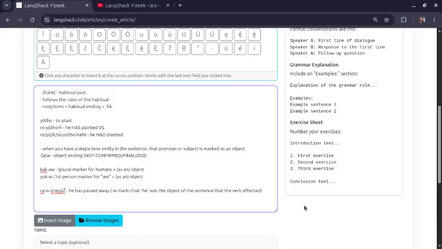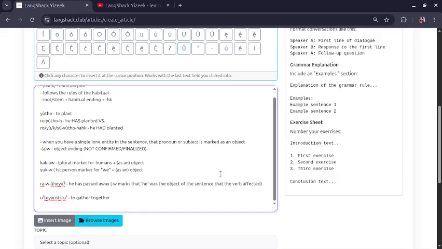Now, we can also use other verbs as well. For example, there's this one new one I got, uteya rotsuru, which means to gather together. You can use this same thing.